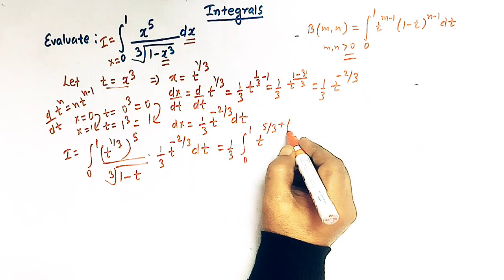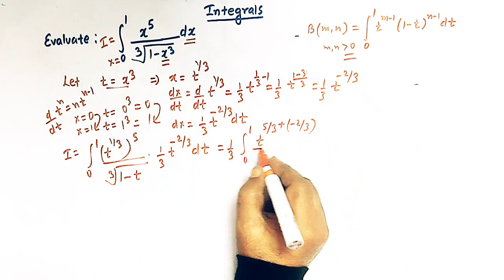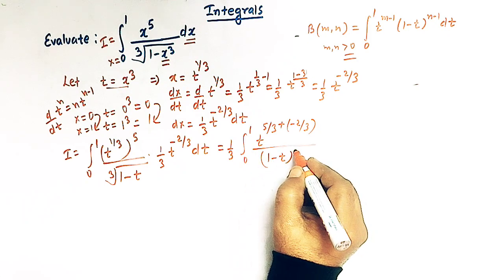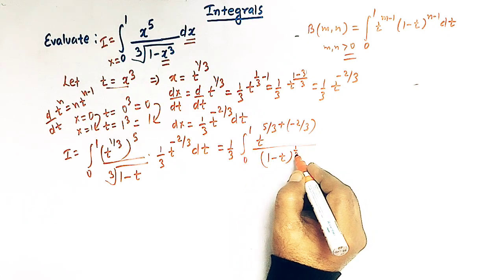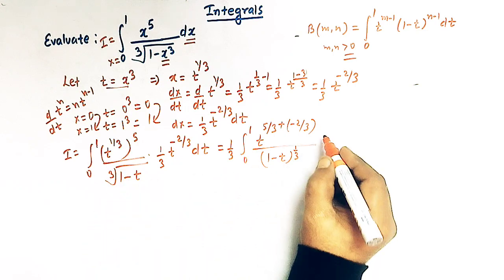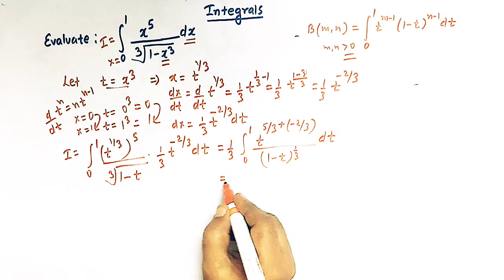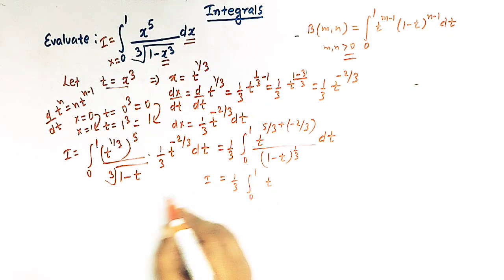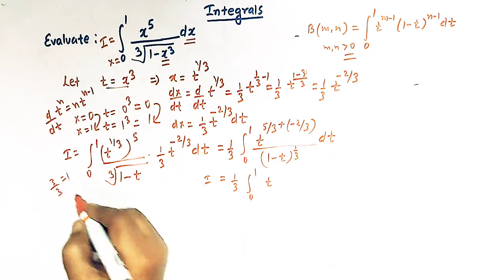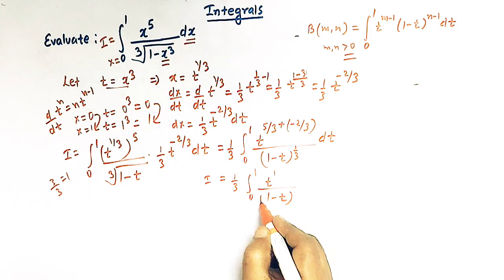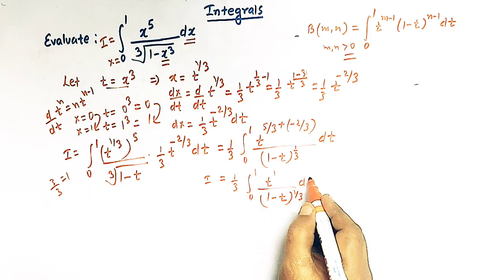In the denominator we write 1 minus t raised to 1 over 3, because this is the cube root of 1 minus t, and here we have dt. So now I is equal to 1 over 3, integral from 0 to 1, t raised to 5 minus 2 over 3, and 3 over 3 is 1. So we have t raised to 1, and then 1 minus t raised to 1 over 3 dt.